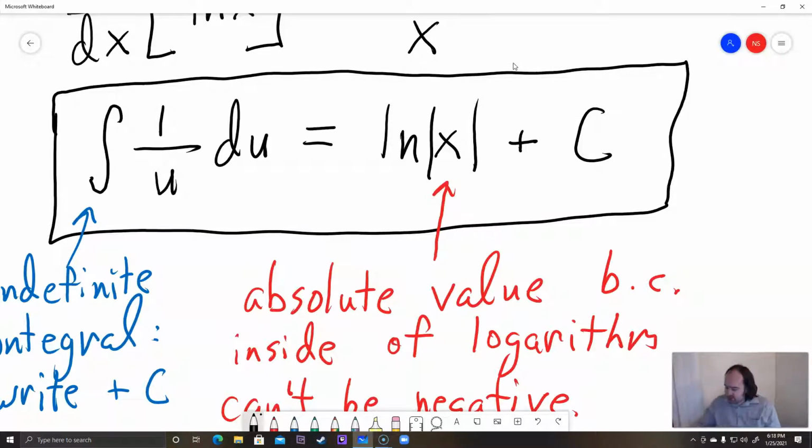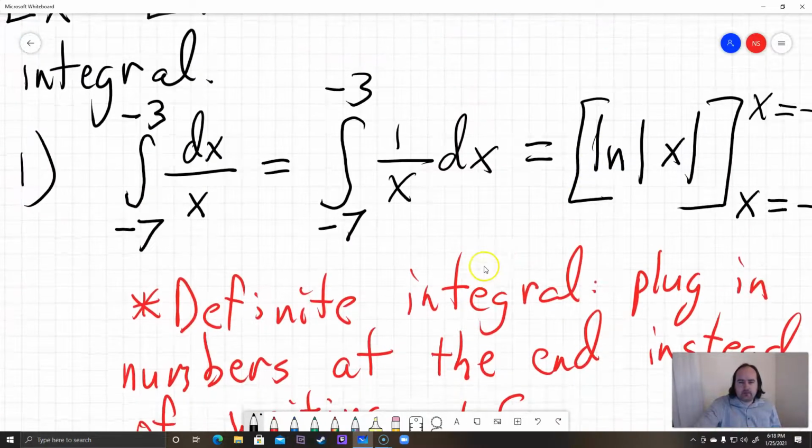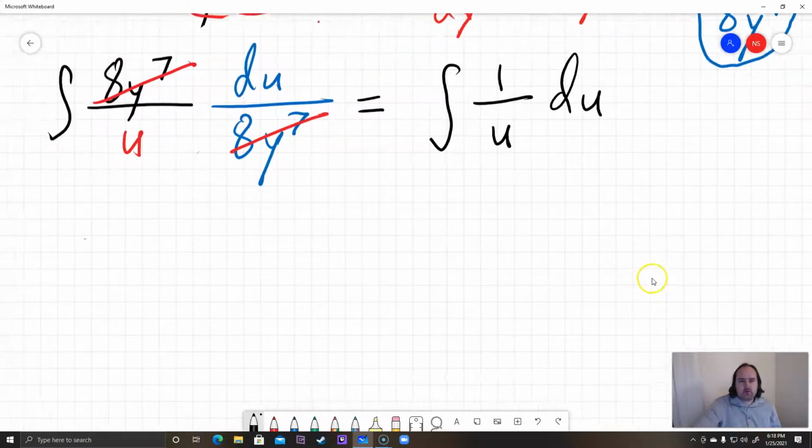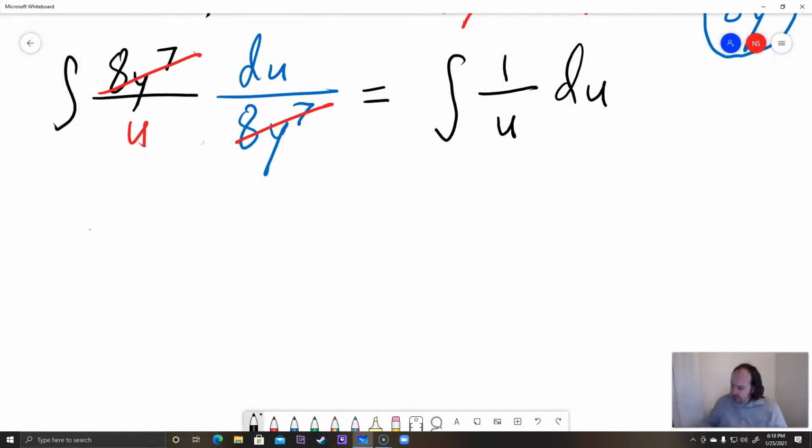So on the right side, instead of ln of absolute value of x, we're going to have ln of absolute value of u plus c. Same exact formula, just a different letter. So that's what we're going to be using down here: the integral of 1 over u du is going to give us ln of absolute value of u plus c.